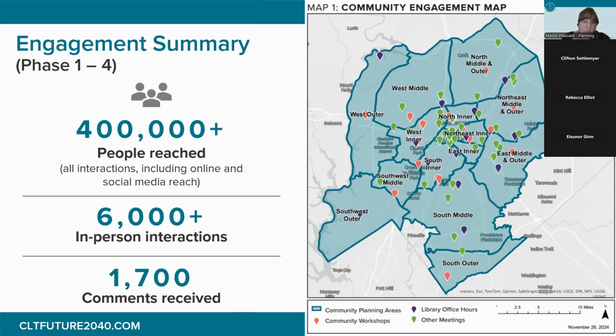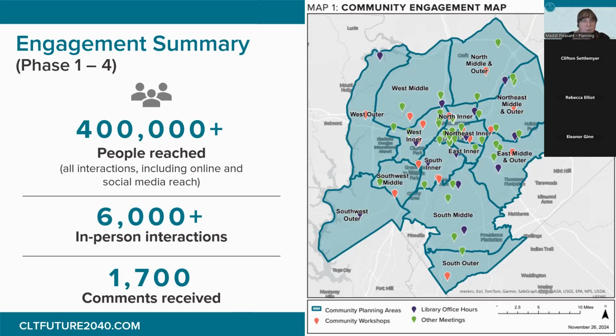For this planning effort, we hosted 50 workshops in which we asked residents to join us, but we also wanted to make the effort to meet people where they are. So we also attended other meetings, festivals, and had office hours at the libraries. You can see the geographic distribution of our in-person interactions on this map to the right.